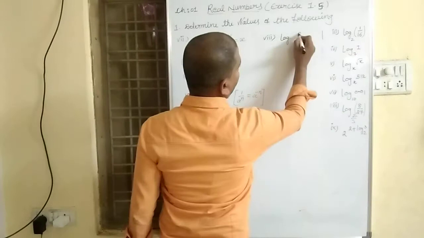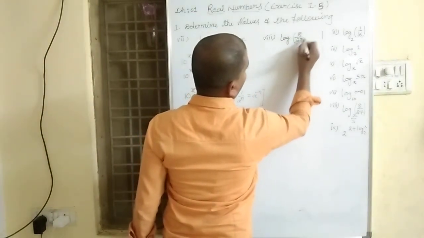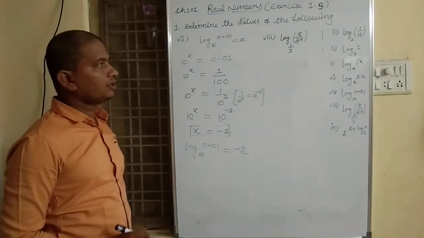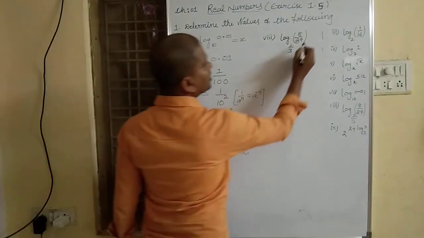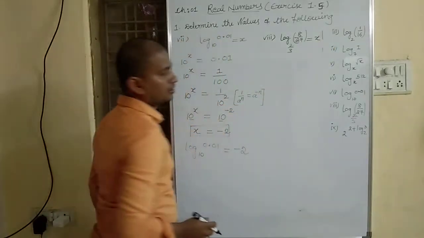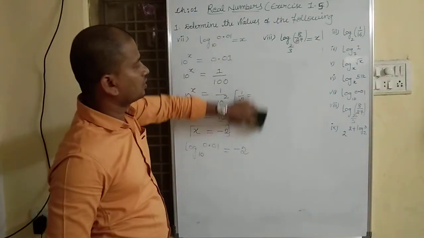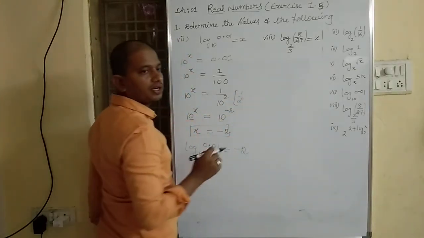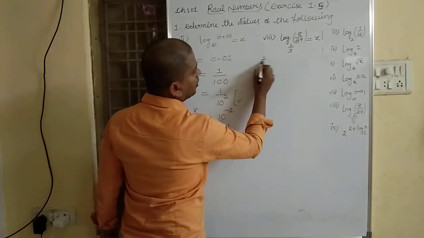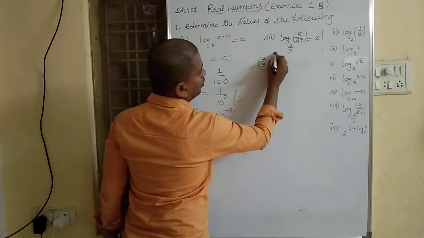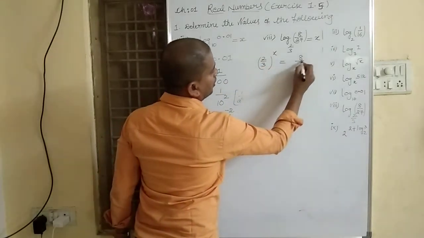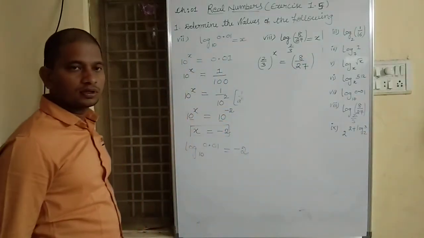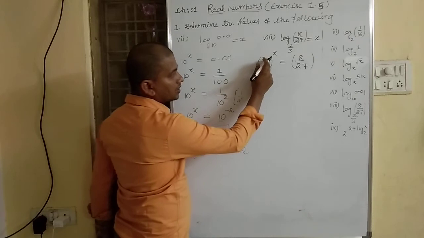Log 8 by 27 base 2 by 3. Again, consider it as x. It is in logarithmic form. Convert it into exponential form: 2 by 3 whole power x equal to 8 by 27. You can see here the base is 2 by 3.